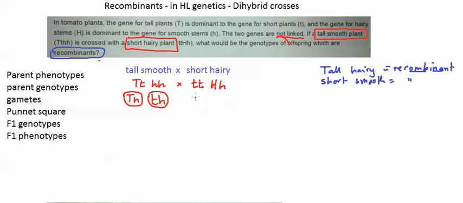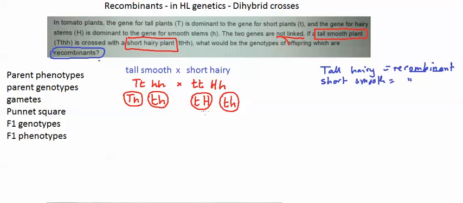For the short hairy, all the gametes can only inherit small t's, but they could have a capital H, that's a possible gamete, or it could have a small h, that's another possible combination of the alleles. Each gamete needs to have one allele from each gene, and here we've got the tall, short gene, and the hairy, smooth gene.